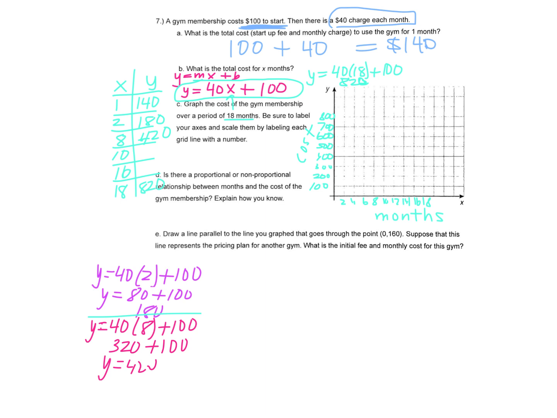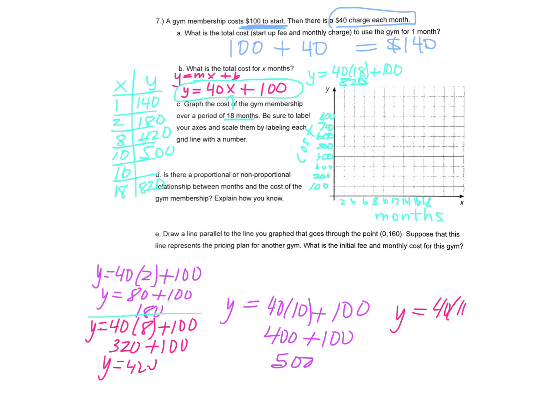Let's do 10: 40 times 10 plus 100. So that's going to be 400 plus 100, that's 500. Okay, and that's probably enough points. Maybe just for the heck of it, I'll do 40 times 16 plus 100 to see what that is. Okay, so that's 640 plus 100, so that is 740.